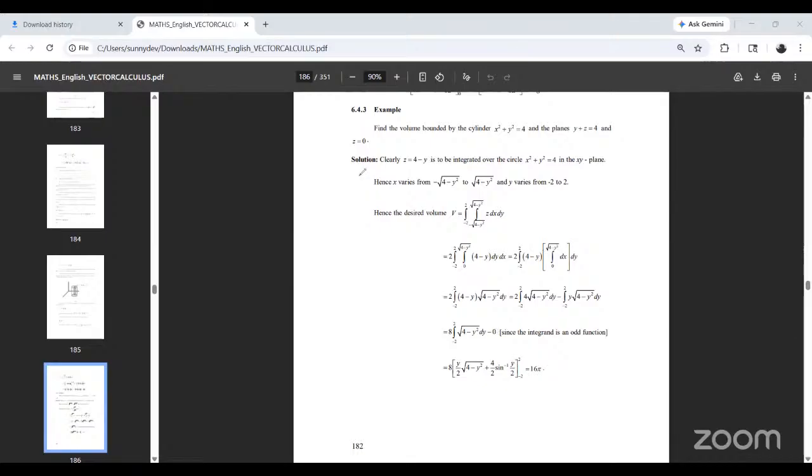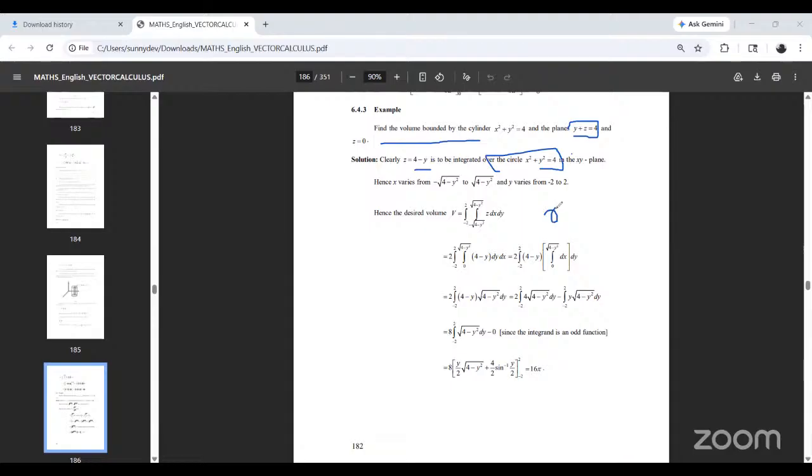Next, one more problem. Find the volume bounded by the cylinder x square plus y square equal to 4 and the plane y plus z equal to 4 and z equal to 0. From here z equals 4 minus y, to be integrated over the circle x square plus y square equal to 4.